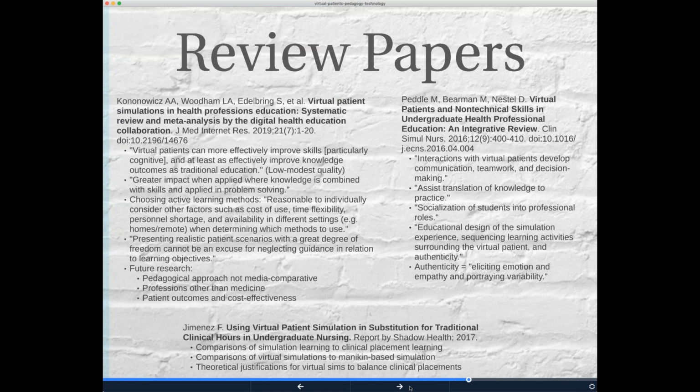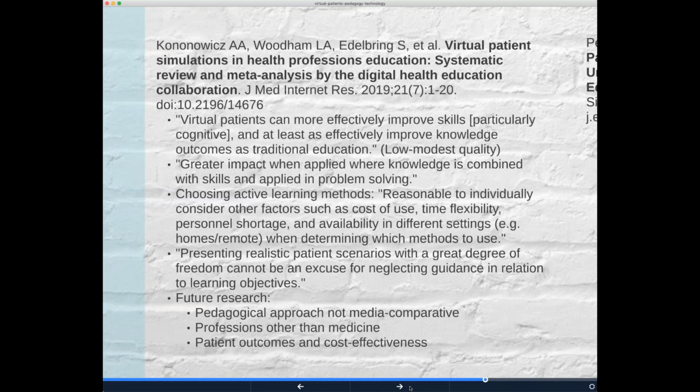One is by Kononowicz and his colleagues, so the same author as the classification paper I mentioned earlier, and a few key findings that they came across.